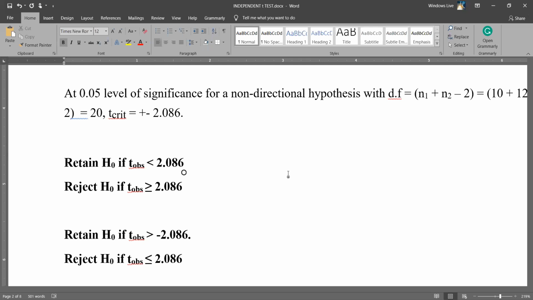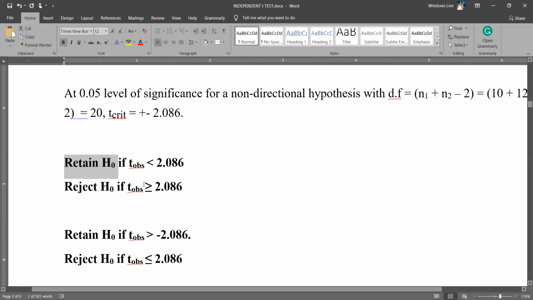The thing is, in the decision rule you are supposed to compare your T observed with the T critical. The T observed is the value that we'll be calculating later. We are saying that when the calculated value, T observed, is less than 2.086, we have to retain H0.